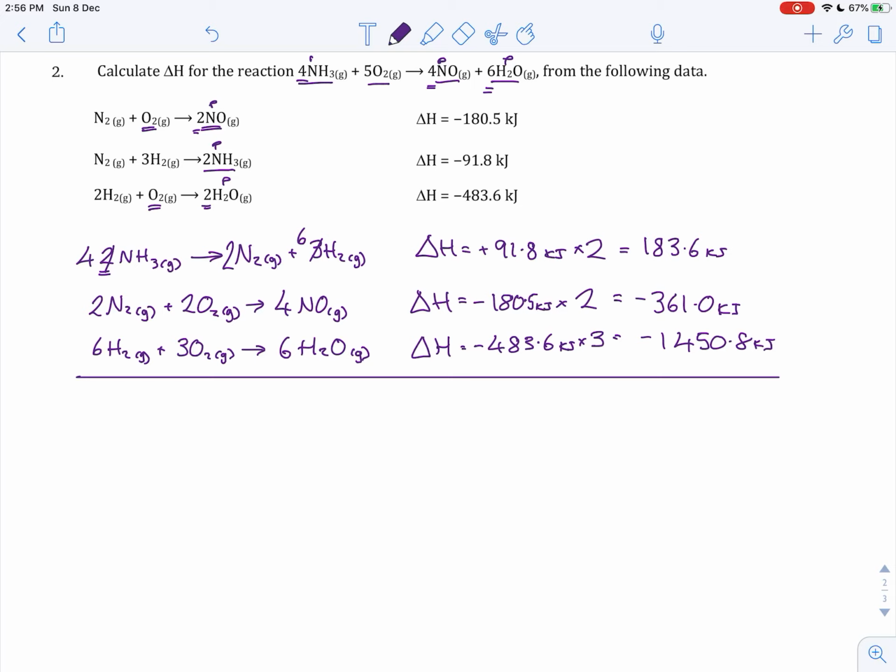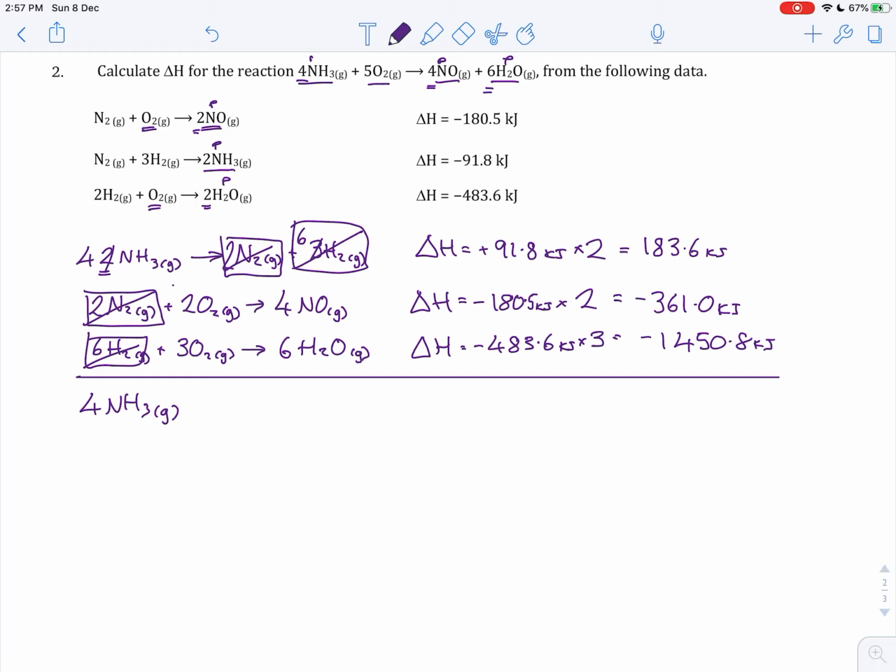We can see 4NH3 gas, then N2, 2 of them cancels out. 6 hydrogens cancels out.